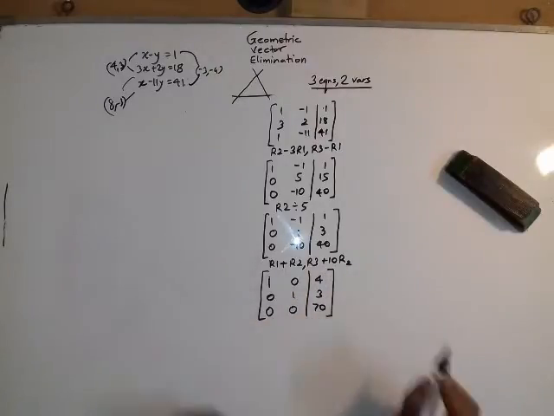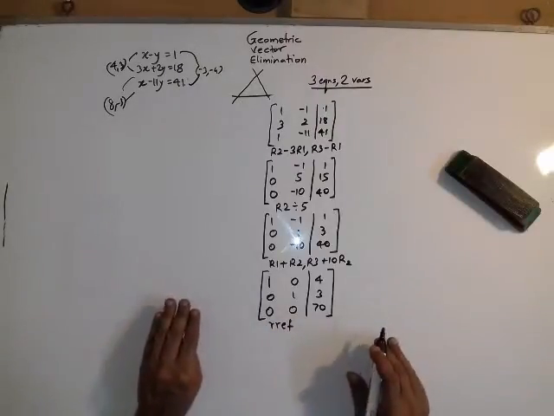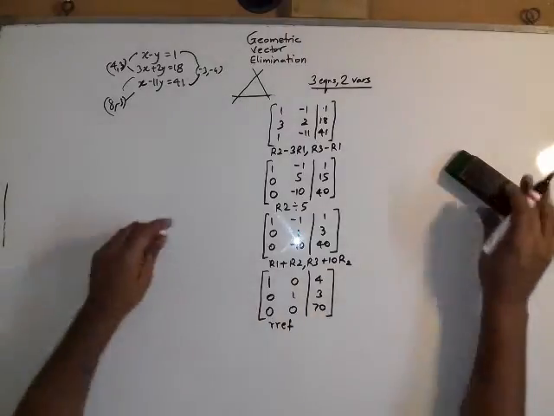Okay, so I think now I am at the reduced row echelon form. Okay, I stop here and now I start interpreting.